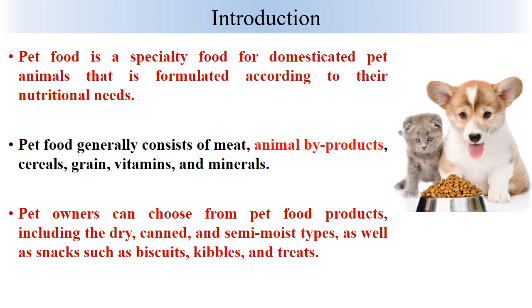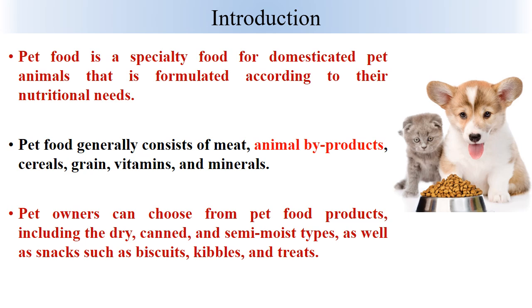To start with the introduction, pet food is a specialty type of food for domesticated pet animals that is formulated according to their nutritional needs. Their nutritional need is a different aspect I am going to discuss in a separate lecture on pet nutrition.